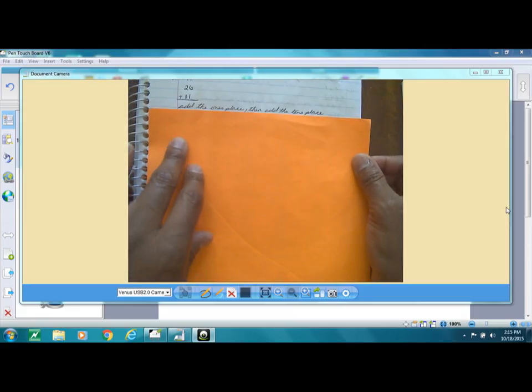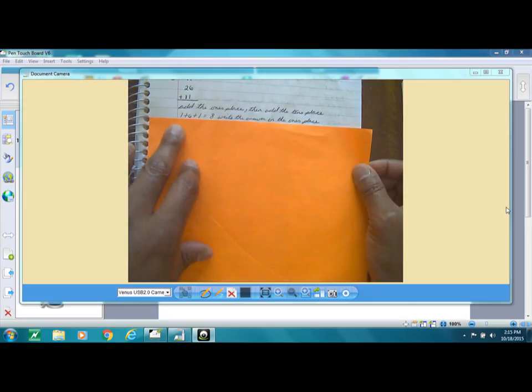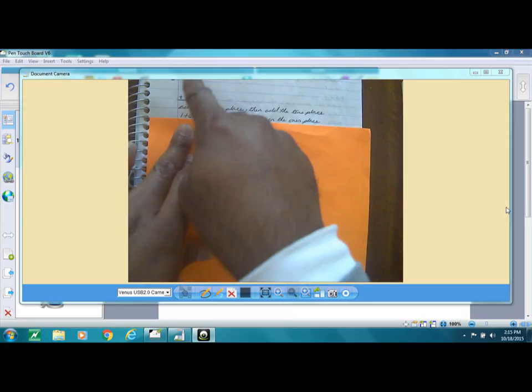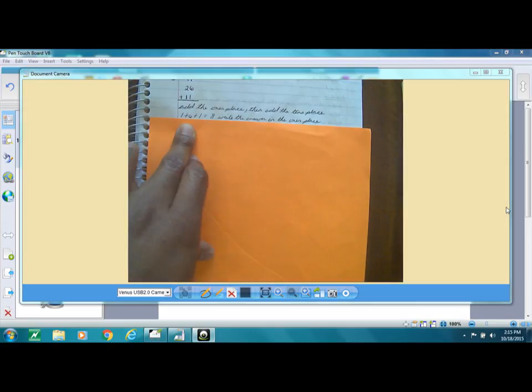You add the numbers in the ones place, then add the numbers in the tens place. You should have written that problem for me, please. 41 plus 26 plus 11. Write them vertically so that they'll line up. Because lining up the numbers will be important as you add.